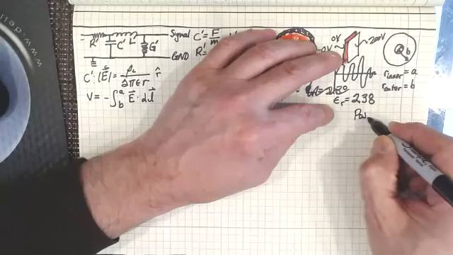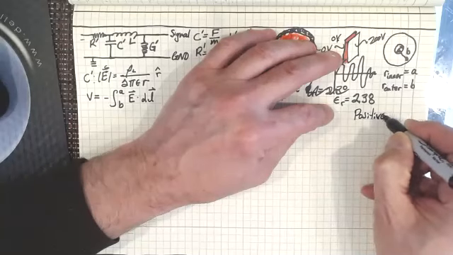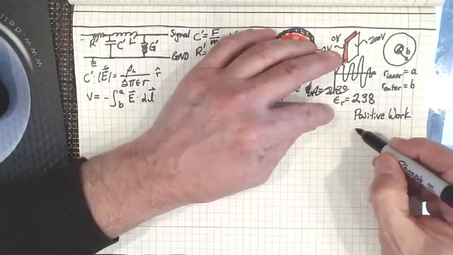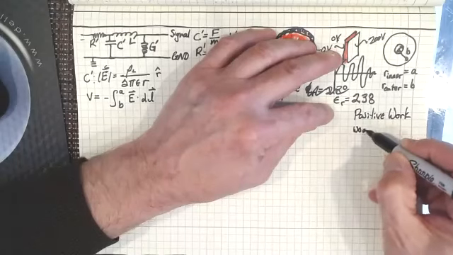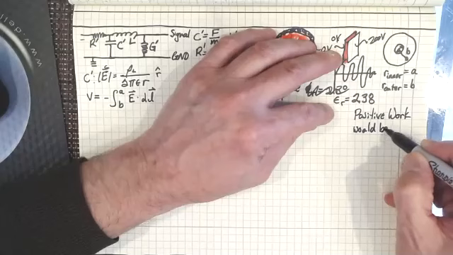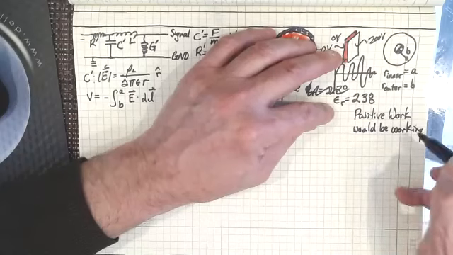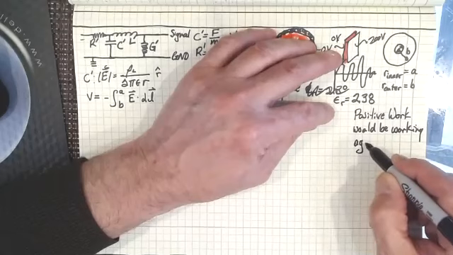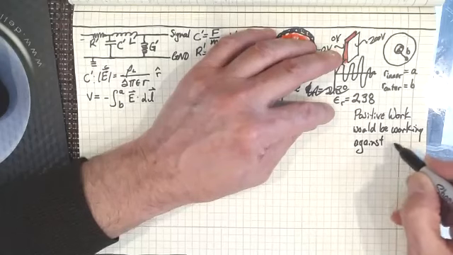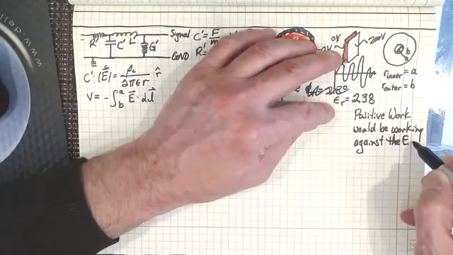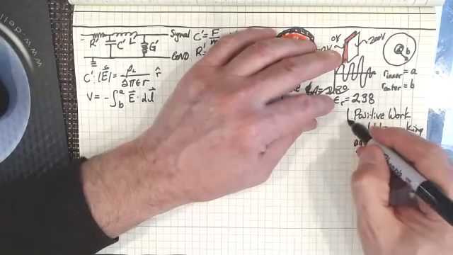Positive work in an electric field would be working against the electric field. Okay, let's put a box around that.